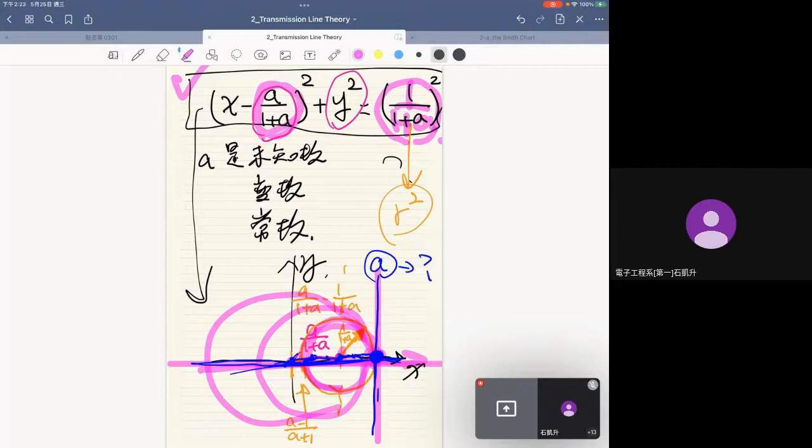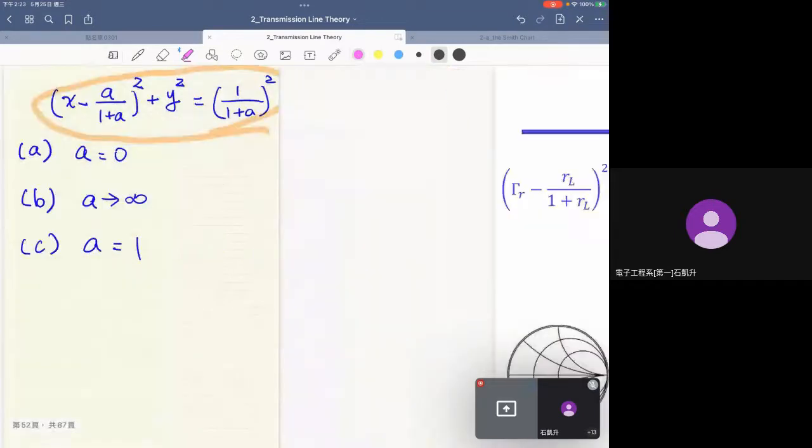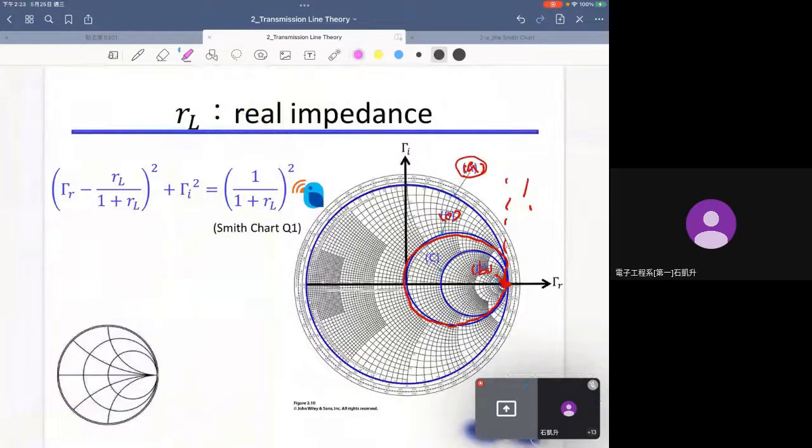Okay? Because a over 1 plus a plus 1 over 1 plus a always equals 1. So this is always 1. So you can obtain all of the real circles looking like these pictures.